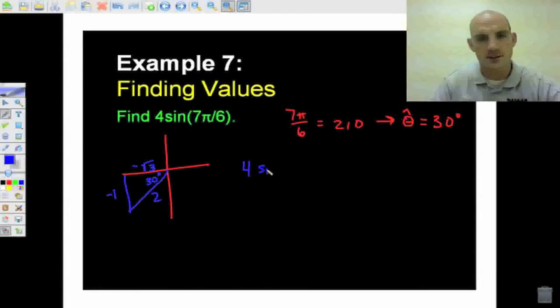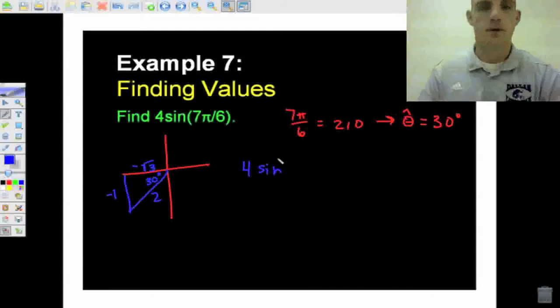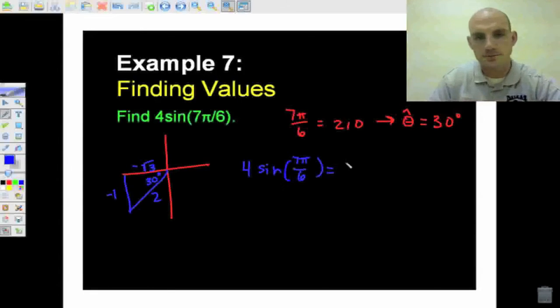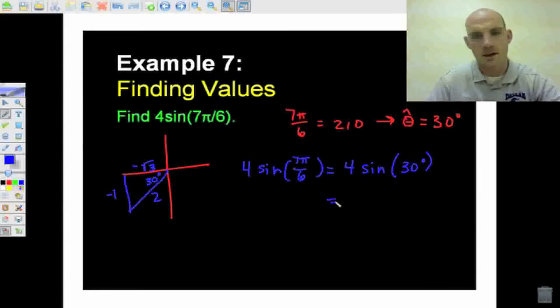I've got 4 times the sine of 7 pi over 6, which is going to be equal to 4 times the sine of my reference angle, which is 30. Okay? So here's what I'm going to do. Now, the sine here is going to give me negative 1 over 2.